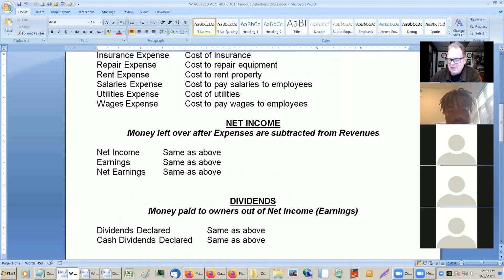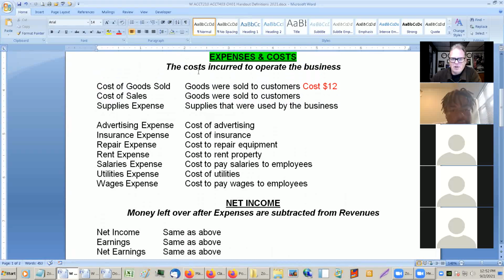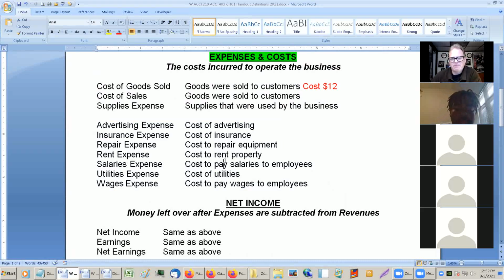So, expenses are basically the cost of running a business. The cost incurred to operate a business, that's what we're talking about here. We talk about expenses and costs, and these are all those things that you would need to run a business. Rent, pay your employees, all that kind of stuff.